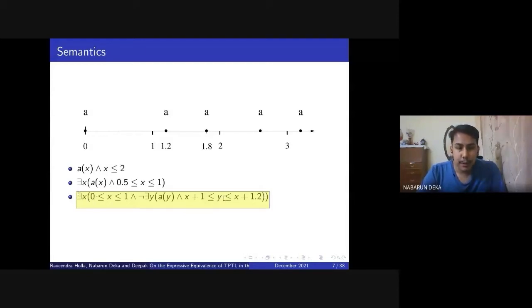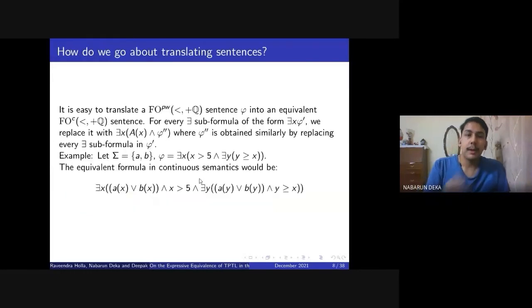So first we will look at whether, given a sentence in pointwise semantics, we can construct an equivalent sentence in continuous semantics. Now this is an easy translation. Suppose we were given a sentence in the pointwise semantics, phi. Then to get an equivalent sentence in the continuous semantics, all we have to do is, for every quantified variable x in phi, force x to be an action point.